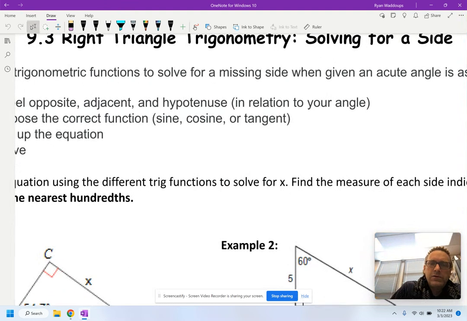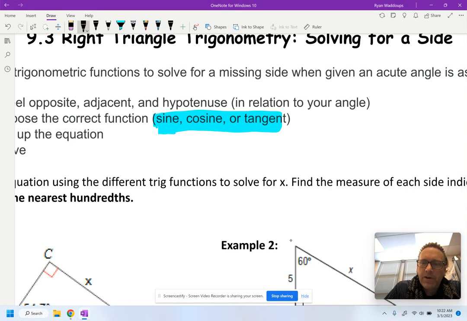I would like to propose that when you're going over the sine, the cosine, and the tangent, that you write it. We have a mnemonic to help us remember the ratio of the sides, and it's SOH CAH TOA.